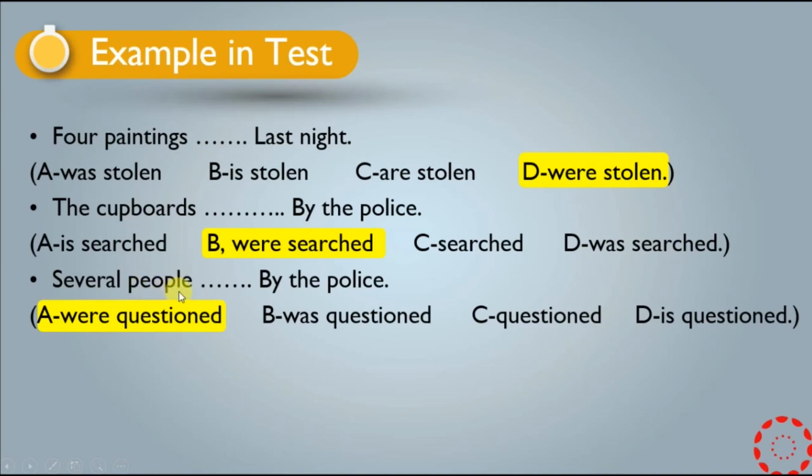We have some irregular nouns that become plural, like mouse becomes mice, tooth becomes teeth, and also people, one of them. The singular form of people is person. If you change person to plural, it becomes people. So without an s, I choose "were questioned." Several people were questioned by the police.